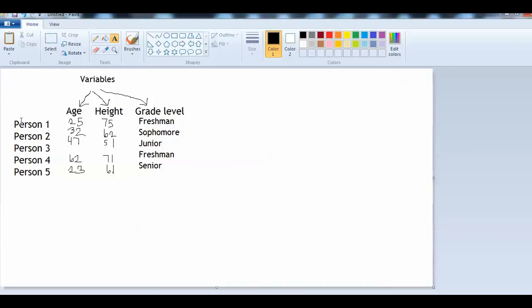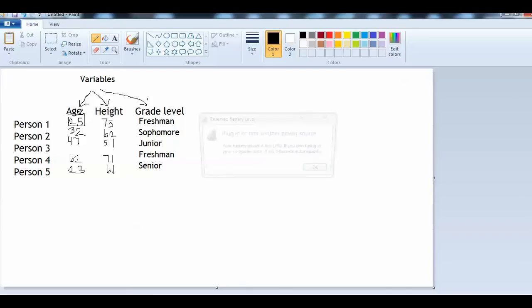The data that we recorded from person one is here, here, and here, and the data that we recorded from person two is here, here, and here. So each row is a different participant, and each cell in the spreadsheet is a data value.